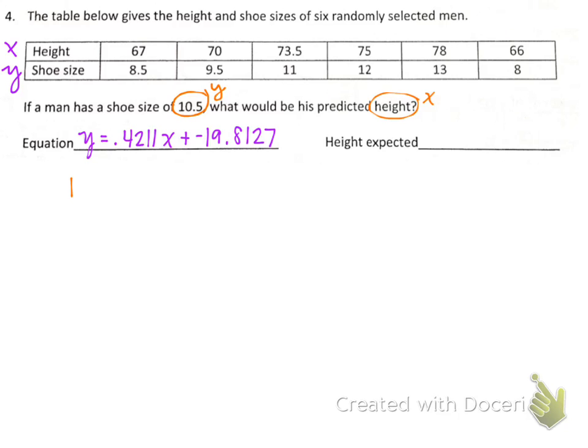So we have 10.5 is equal to 0.4211x plus negative 19.8127. Now we're going to solve this just like a regular equation. We're going to add 19.8127 to both sides.